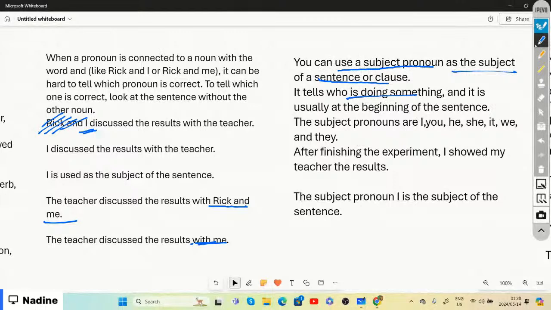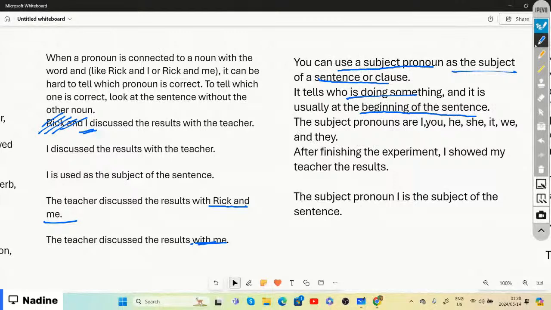It doesn't necessarily have to be I, but the subject pronoun tells you who is doing something, and it is usually at the beginning of the sentence.